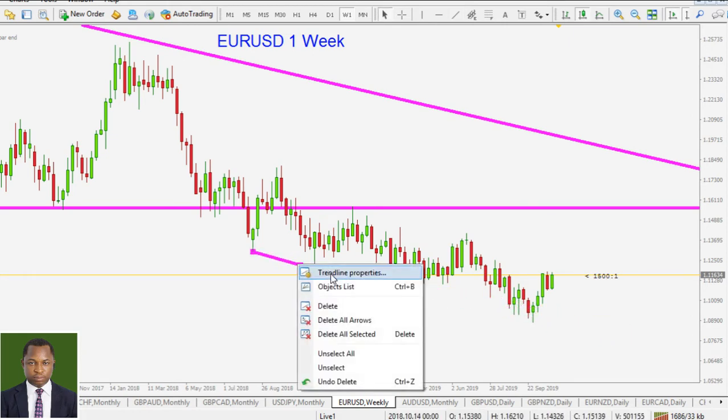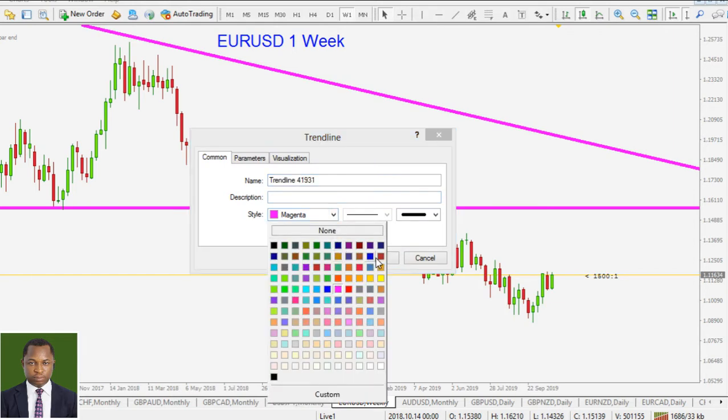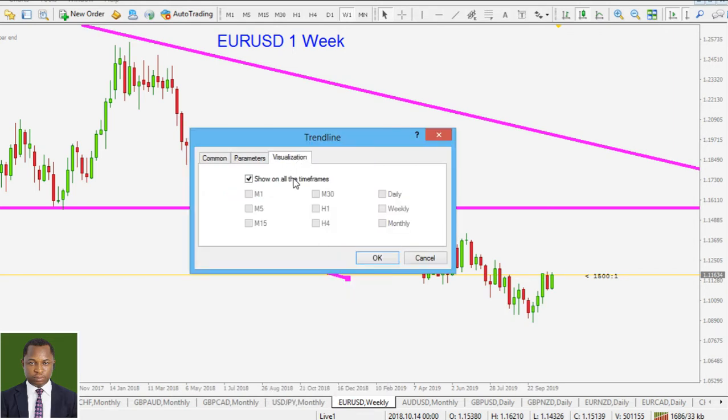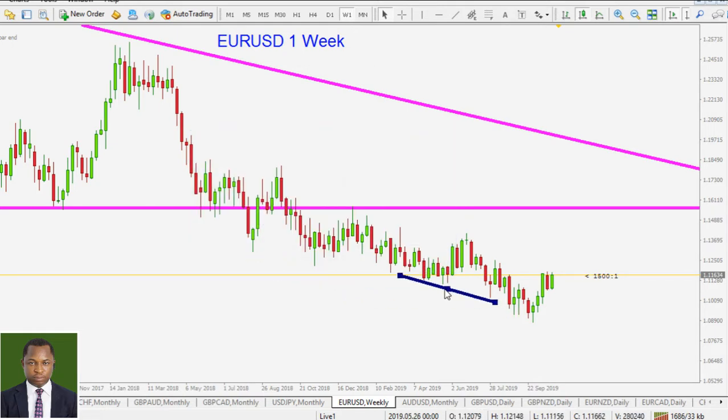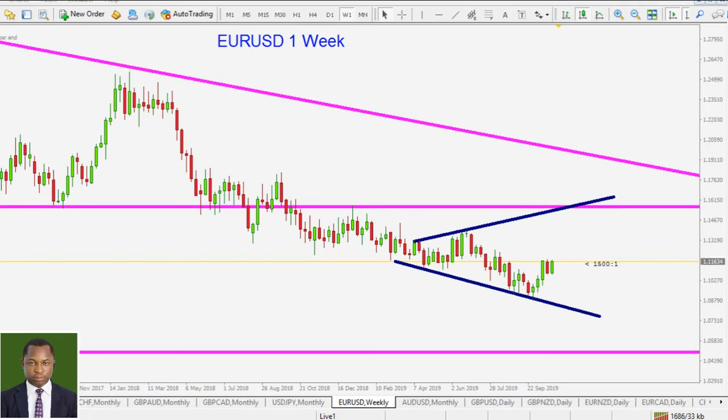At some point I had to let me change the color of this line. Okay, so at some point I had to just keep some sort of a triangle. Okay, keep this level, keep this one here. Okay, I have to keep that triangle because of the lots of hesitation.